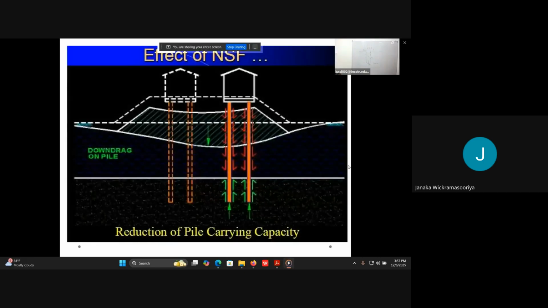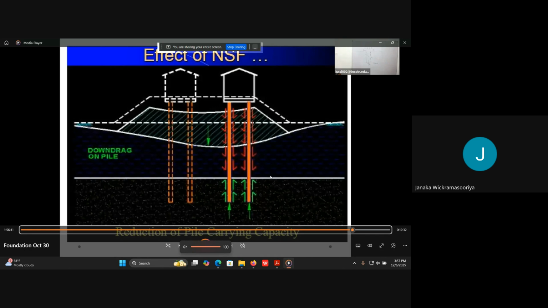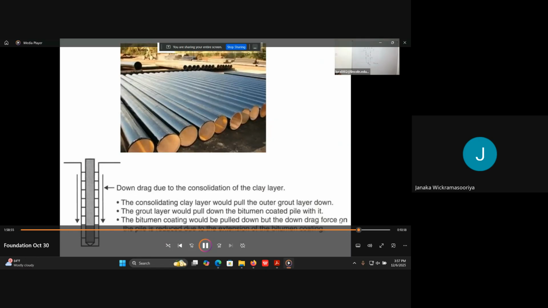And the effect of negative friction, that is the most important one. So this is the effect of negative skin friction: due to the negative skin friction, there will be excessive settlements. And how can we reduce the negative skin friction?